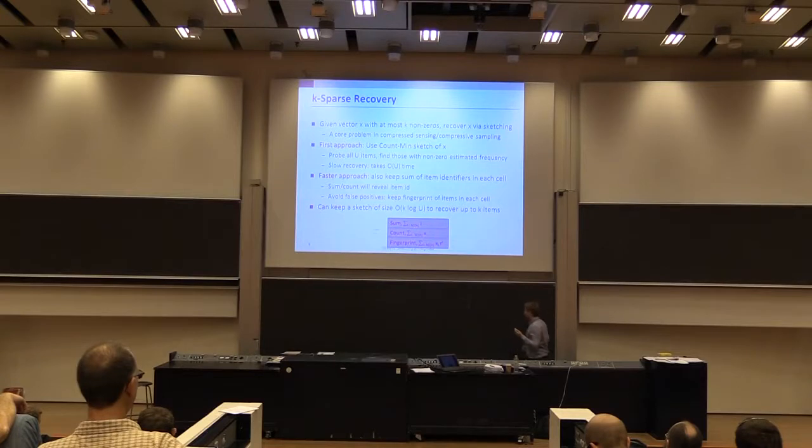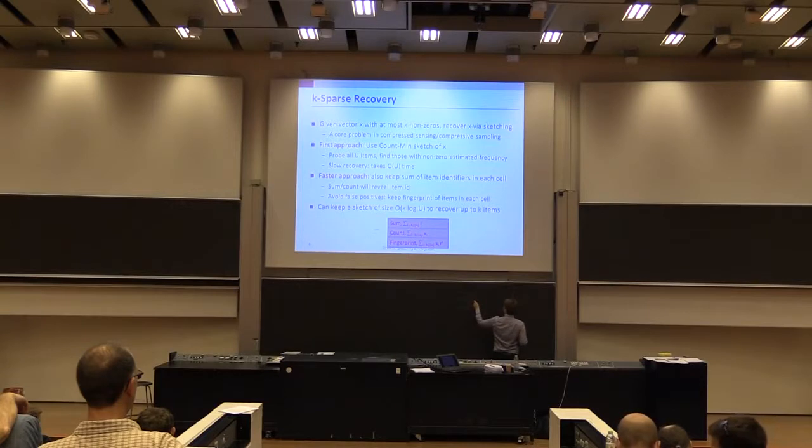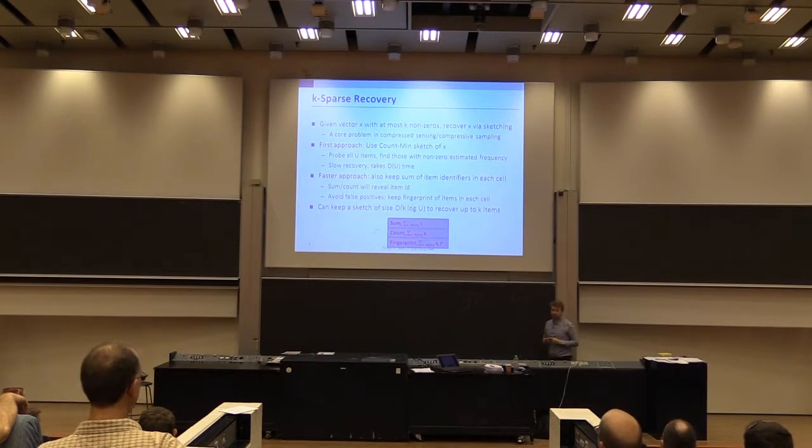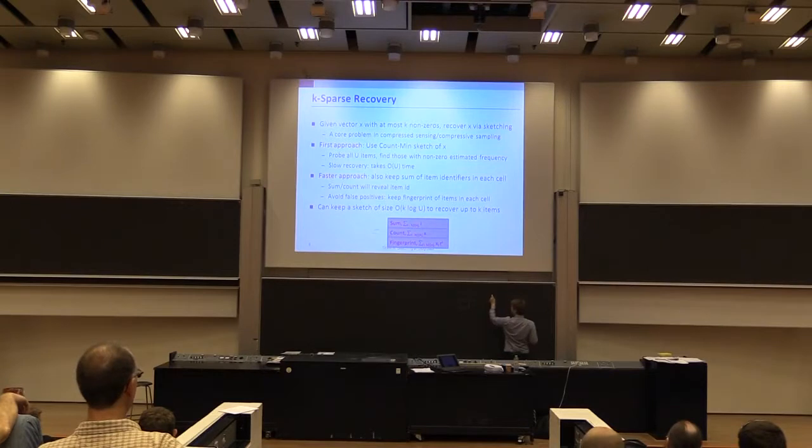So when I get an update of the form I, the idea is that at the end of this process, if I have a single element in here, then I can just take the sum, say IC, divide by C, and get I back out.